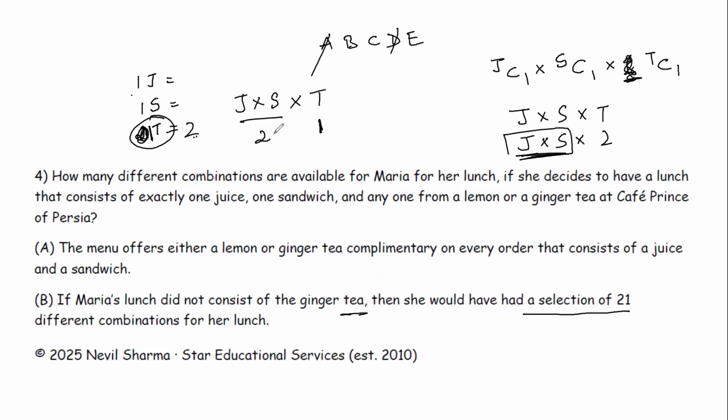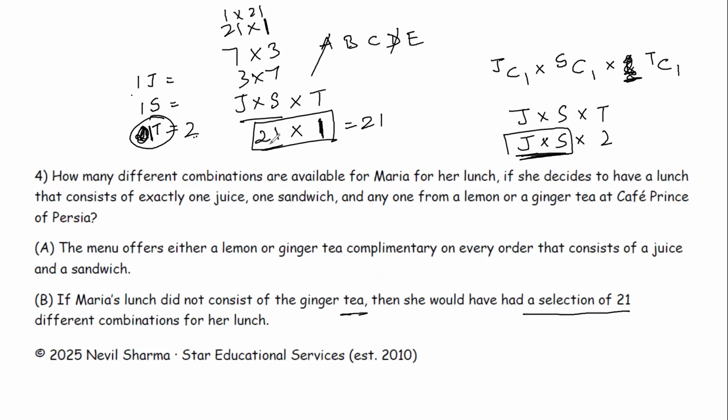And these two together is obviously 21 because 21 into 1 is 21, right? Now this 21 could be 3 into 7 or 7 into 3, or it could be 21 into only one option for sandwich or one option for juice. It could be anyhow this 21 could play out.